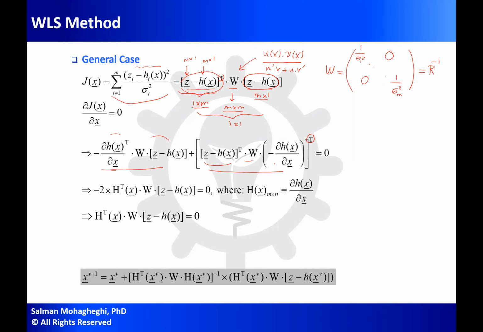This obviously means that I have minus 2 times some matrix H transpose, which is essentially the derivative of h, times W times (z minus h of x). Now for this particular matrix H, pay attention that this is the derivative of the vector h, which is m by 1, with respect to all the x's that are n by 1. So the dimension of H would be m by n.